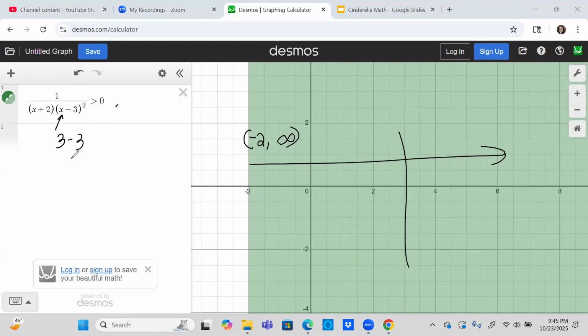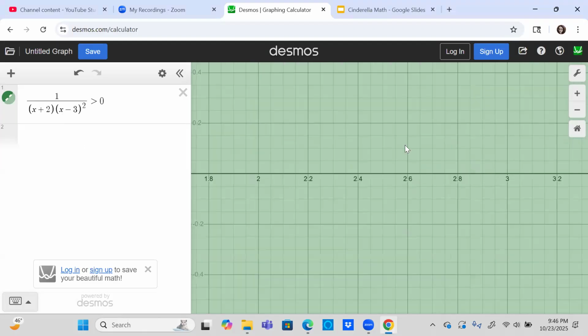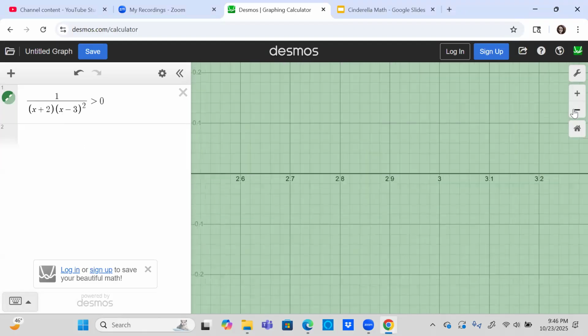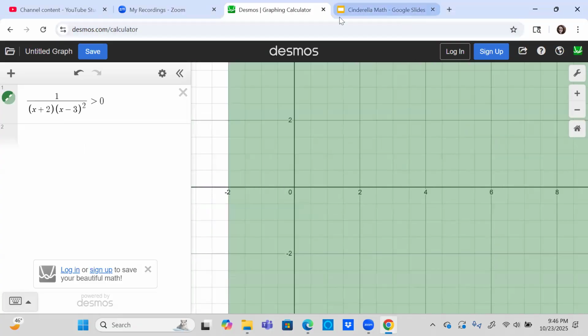Because 3 minus 3 is 0. 0 squared is 0. The bottom would be 0, which we can't have. So it should really break at 3. That's the downside to Desmos. It's not always what you see. Even if you zoom in, it's got 3 shaded, but it really shouldn't. Huh, okay. What I had was right. You should break it at 3.